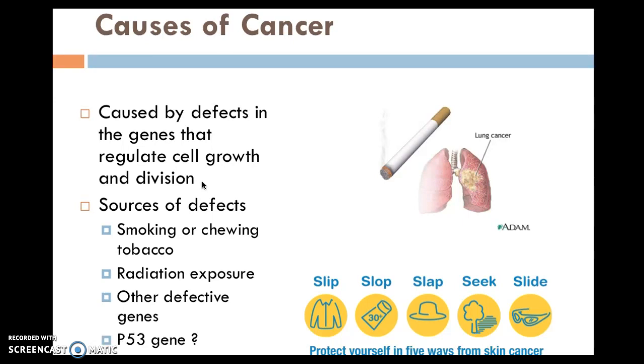And the last one is something called the P53 gene. Scientists are still trying to figure out what exactly the P53 gene is, but what we know so far is that it's found in everyone's body, and when we study the DNA of people who have cancer, this particular gene always has something wrong with it. It's defective in some way, whereas people who don't have cancer have a perfectly healthy P53 gene.